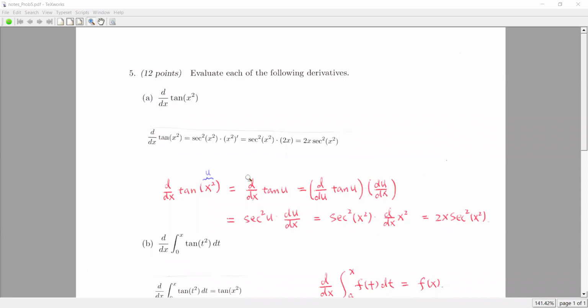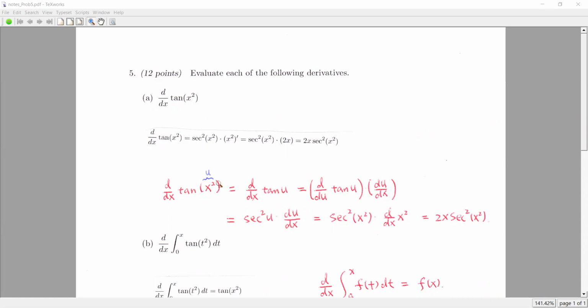To compute this derivative, I use the chain rule. Insert du to the denominator and du to the numerator. Then this derivative is the product of these 2 derivatives. Derivative of tangent of u with respect to u is secant square u.